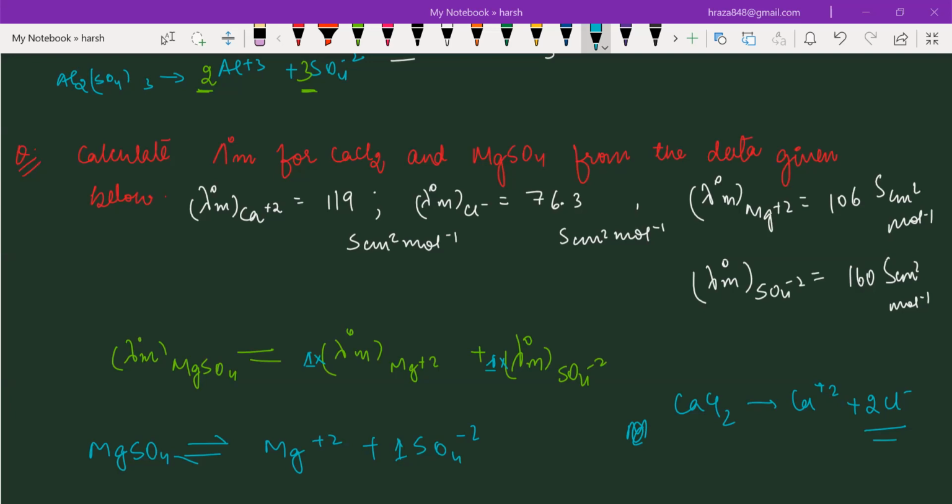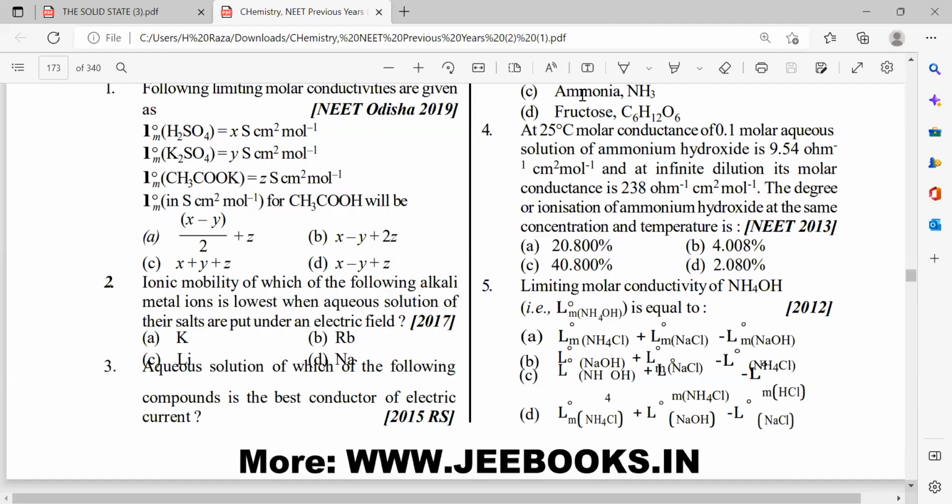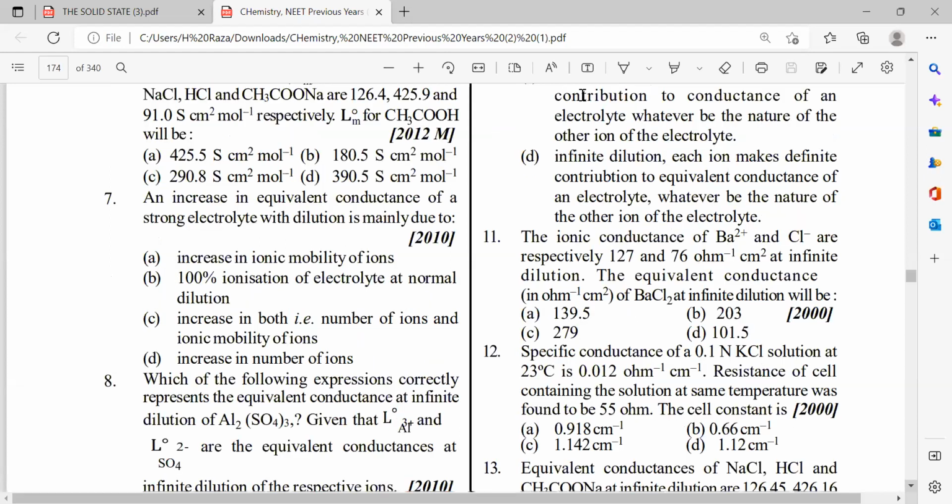Can you see a new screen? No, sir. You will see it right now. Yes, sir, I can see it.